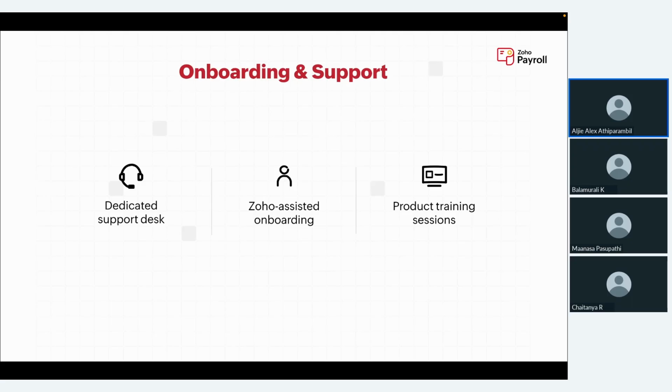We also have assistance that is provided for onboarding to help your team get up and running with the system accurately. And finally, we also have product training sessions to equip your HR and finance team to use Zoho Payroll confidently and maximize its capabilities. With this support model, managing payroll becomes seamless even for businesses with complex multi-state operations.